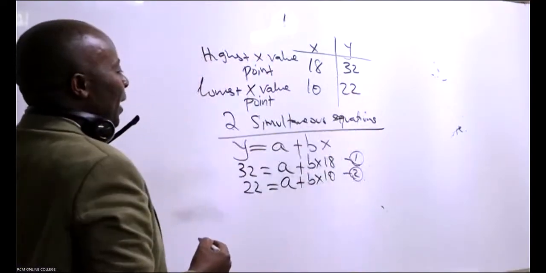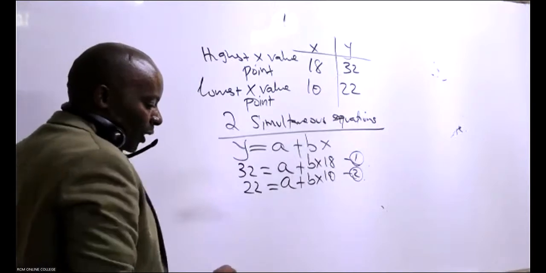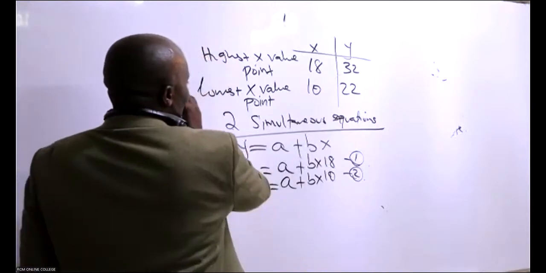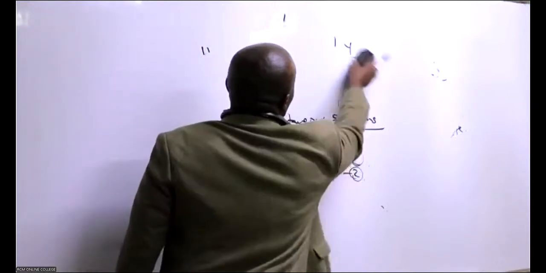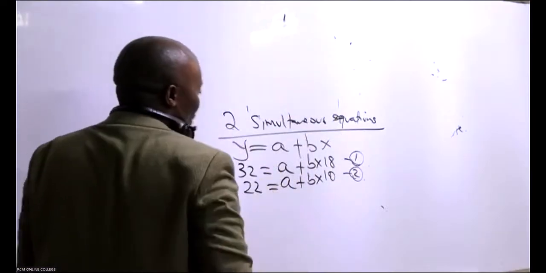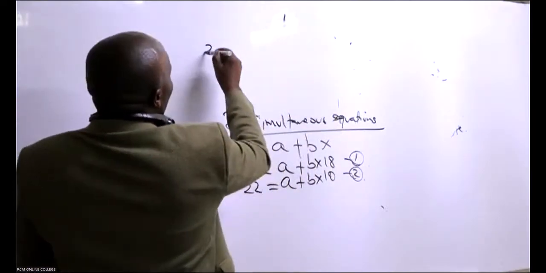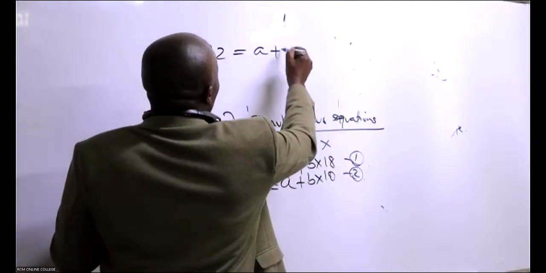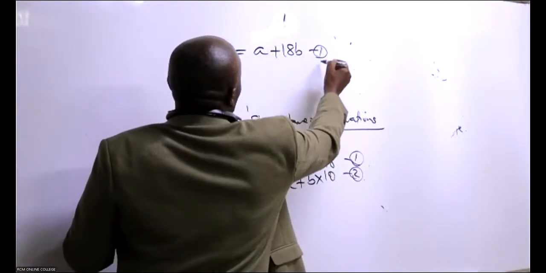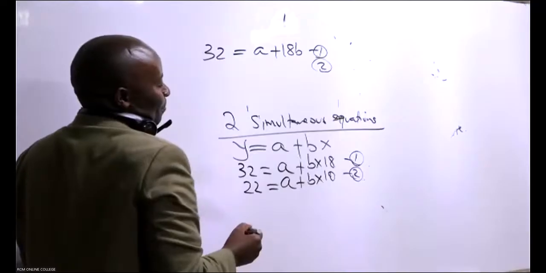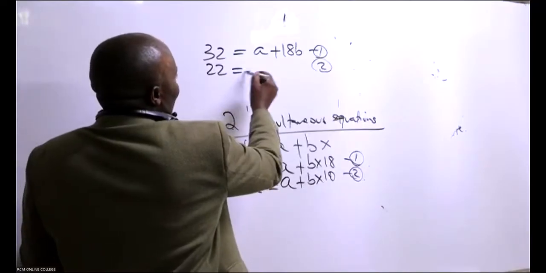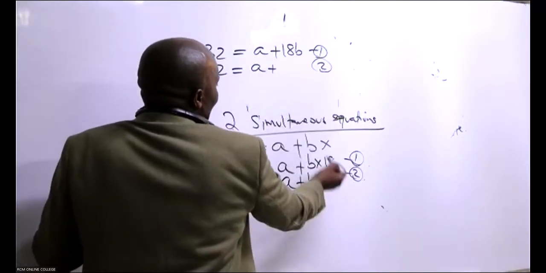We can't leave those things with times, we have to write this in a proper way. So it will be 32 equals a plus 18b, equation number 1, and equation number 2 is 22 equals a plus 10b.